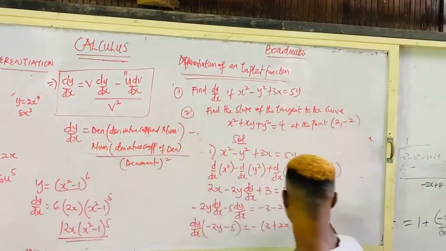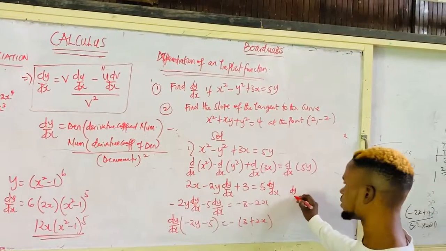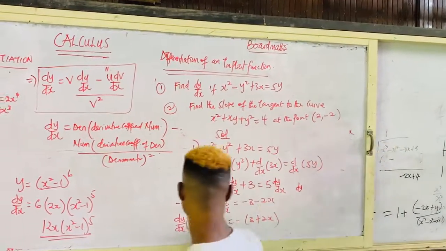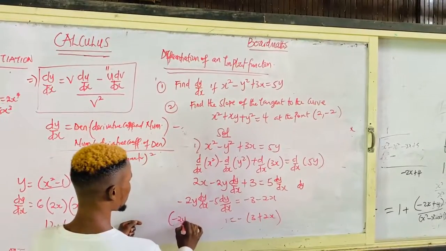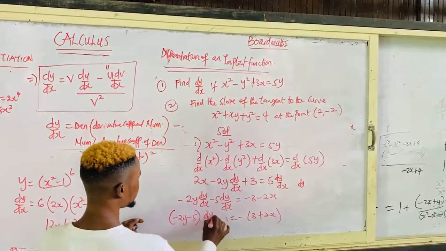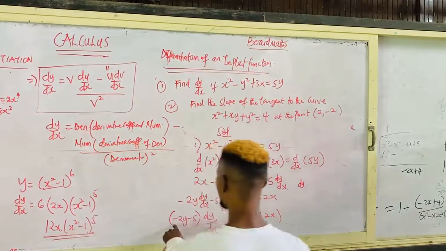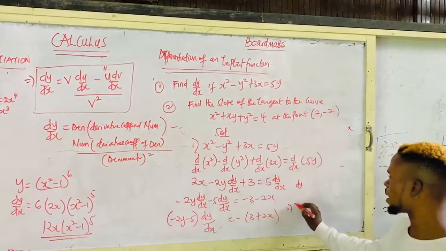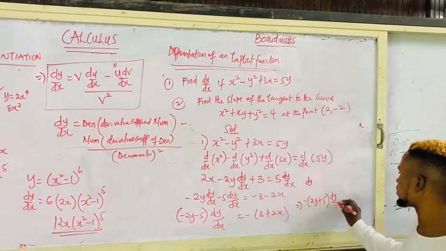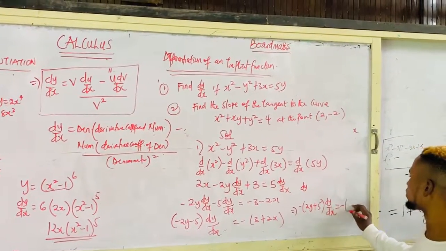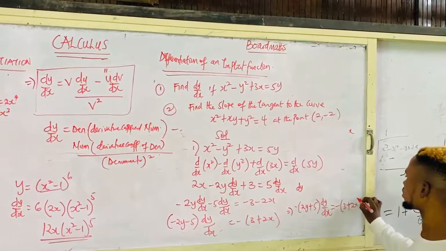Oh, it should be at the back. It should be minus 2y minus 5 times dy/dx. It should be this way. So there's negative here, which is the same thing as minus (2y plus 5) dy/dx is equal to minus 3 plus 2x.